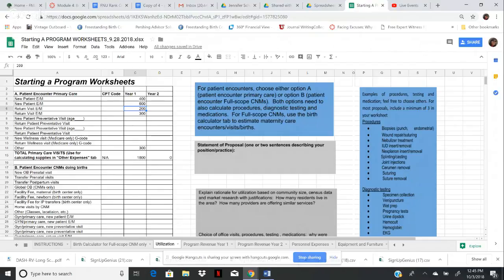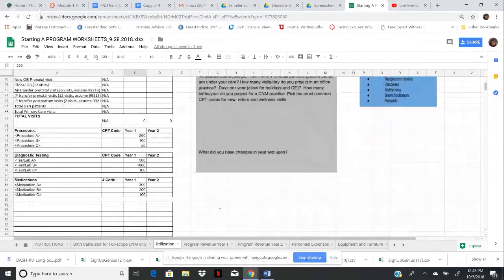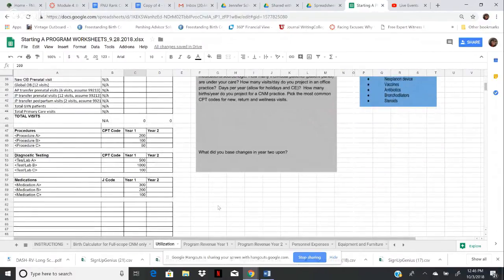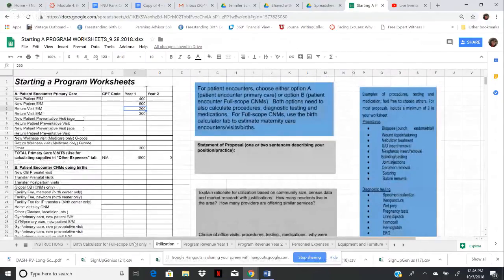And then scrolling down to the bottom, whether you're an NP or a CNM, everyone will also be choosing to fill out these 3 categories: procedures, diagnostic testing, and medications. So these 3, and then a choice of either B or A for filling in your visit types, okay?